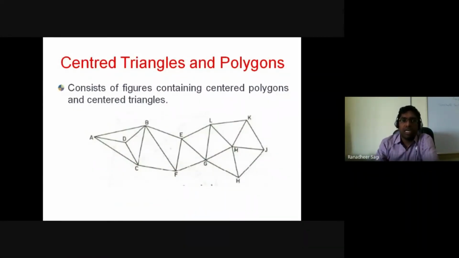So coming to your centered figure, which is otherwise also called centered triangles and polygons. At the center of a triangle, let's look at your triangle ABC. At the center of the triangle, we have got another triangulation station which is represented. So this is what is called, at the center of the figure, you have another triangulation station.